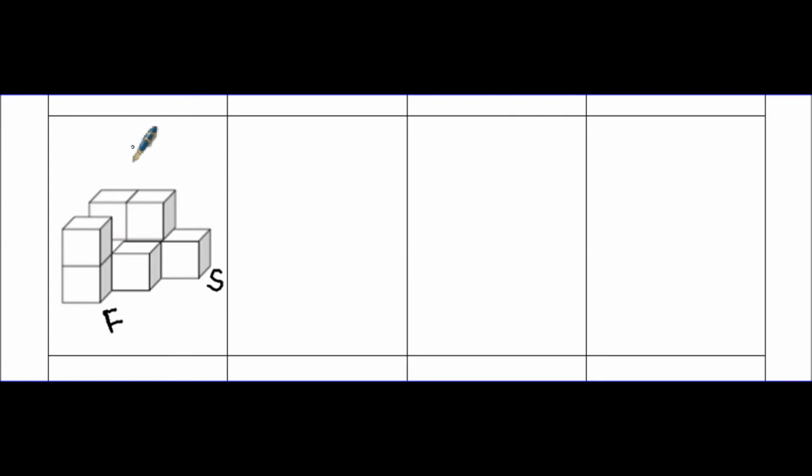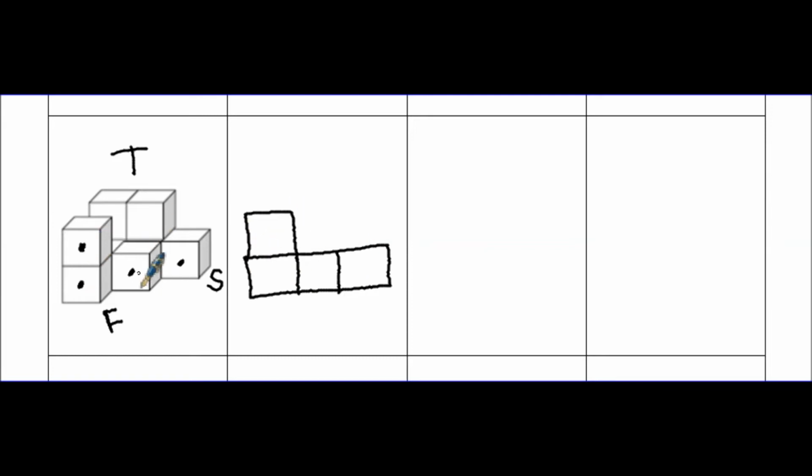Looking at the front, the side, and the top view. In the front view, I see that there are 3 blocks on the bottom, and there's 1 block above the leftmost block and another block above the center block, but nothing on the right. So we're done with the front view. In the side view, I see that there are 3 blocks on the bottom looking in that direction.